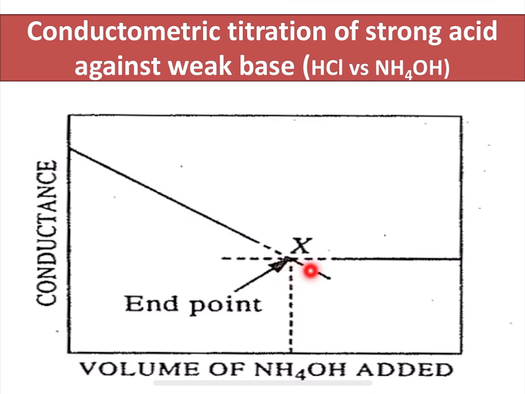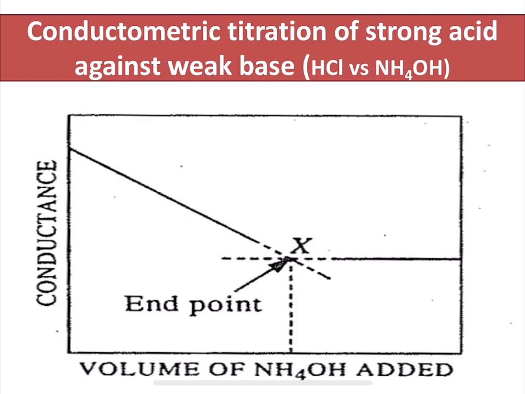Then we are going to plot the graph by measuring the conductance on the y-axis and the volume of NH4OH added on the x-axis. The point of intersection will give the end point of the titration.